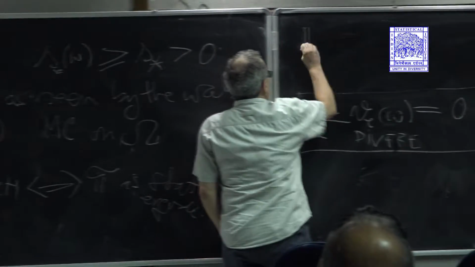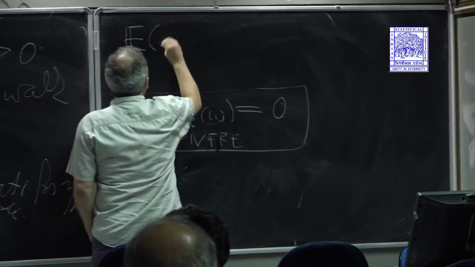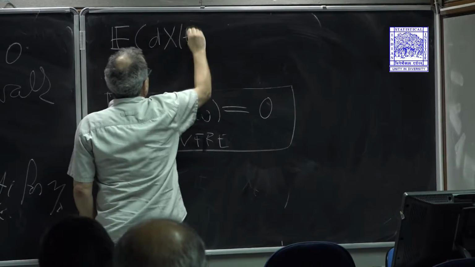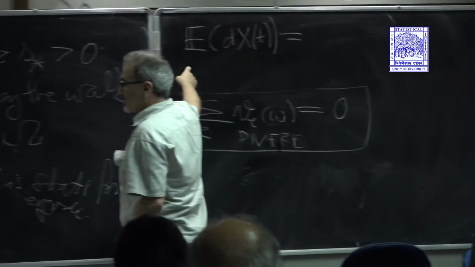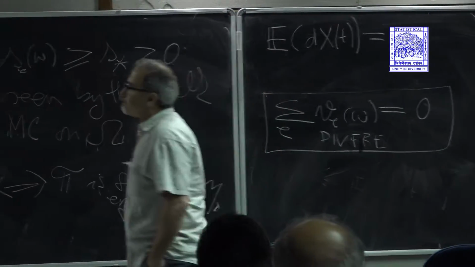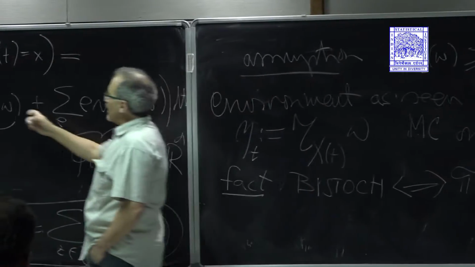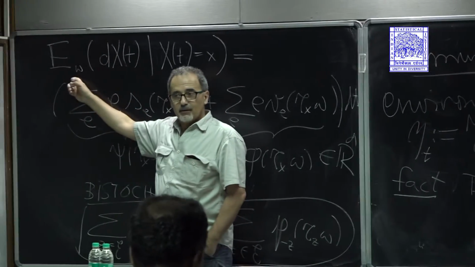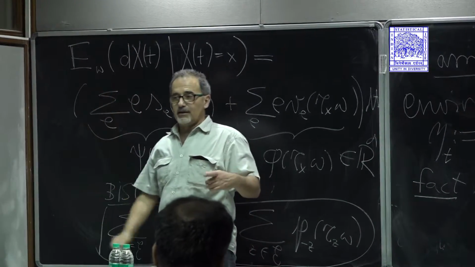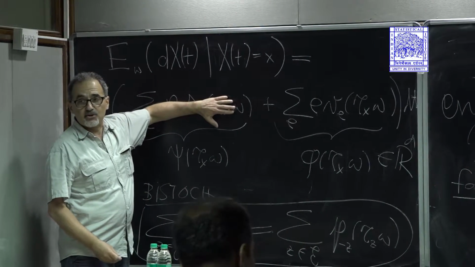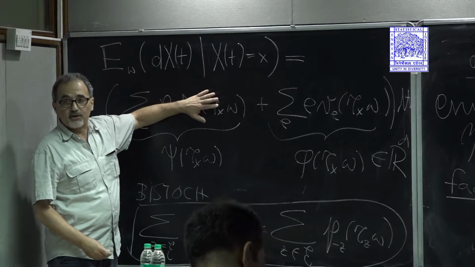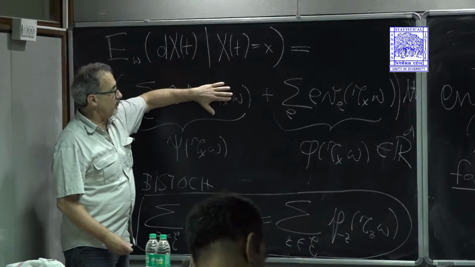Now E of dX_t is, well, it's not E_omega. I just erased the E_omega. No, it's that. This is E_omega with omega fixed, right? But now I want E of dX_t averaged out. Now if you look, this is 0 from the start, because otherwise it would give a 0 in a very simple way, so let me not care about this.